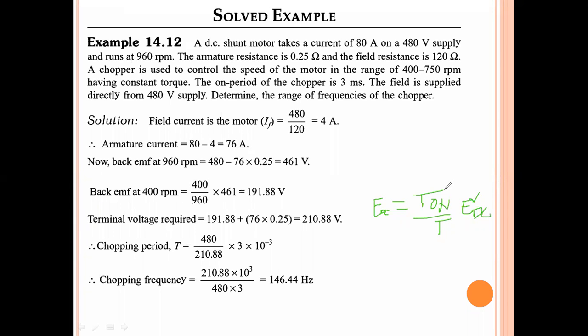We know the DC supply voltage, we know the turn on time, so we can calculate T and achieve the frequency. For that, we need to obtain this motor terminal voltage.